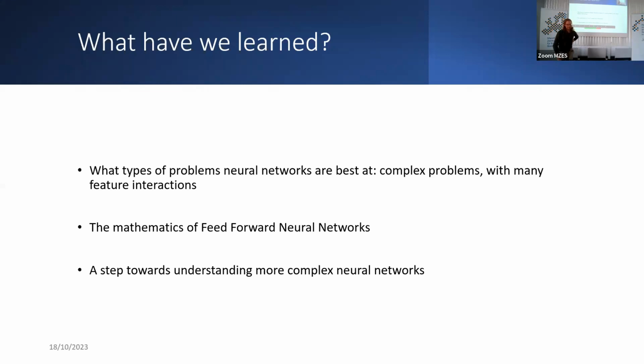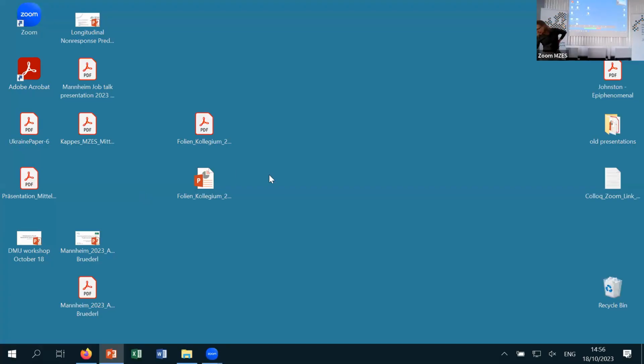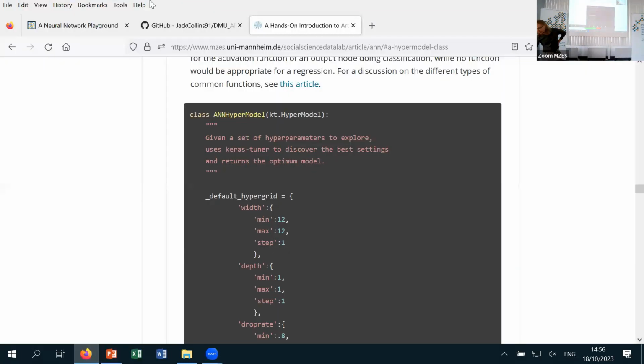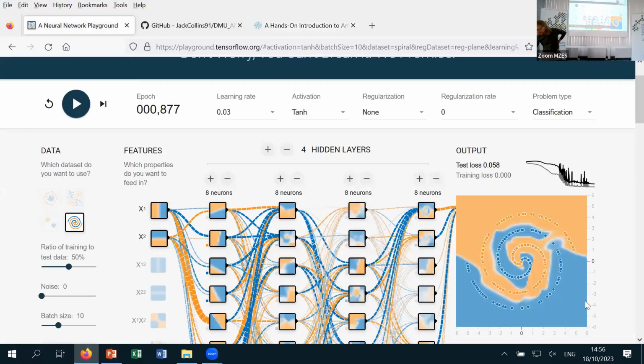A short answer is that neural networks can create finer densities of probabilities in some of these spaces. You can see here that we've got areas that are really blue, areas that are really orange, and then areas that are white in between, that are basically 50-50, not sure which one to classify it as.